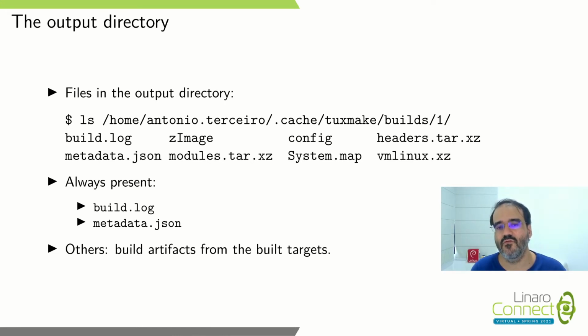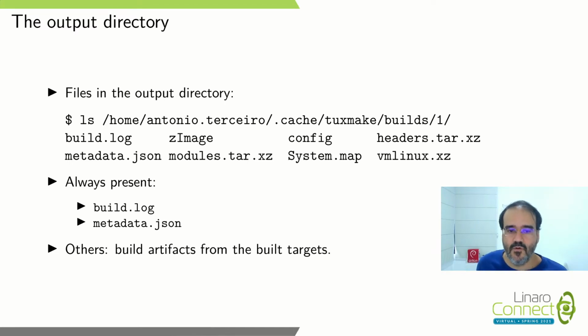For instance, if you are using Ccache, it will tell you exactly how many cache hits and cache misses you had. You also get modules if your kernel was configured for modules. You get the System.map file, and also you get a vmlinux file, which is compressed to save space.